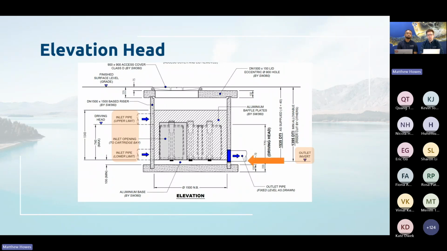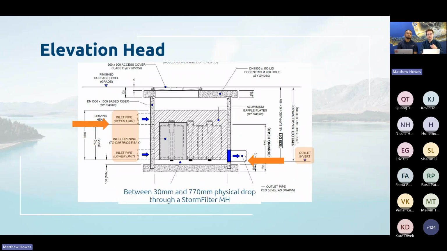So for the storm filter, the standard manhole configuration, we have an outlet, and then the inlet ranges between 30 mil above the outlet invert to 770 millimeters above the outlet invert. So there is a range of inlet configurations that you can have for both the storm filter and the jellyfish.